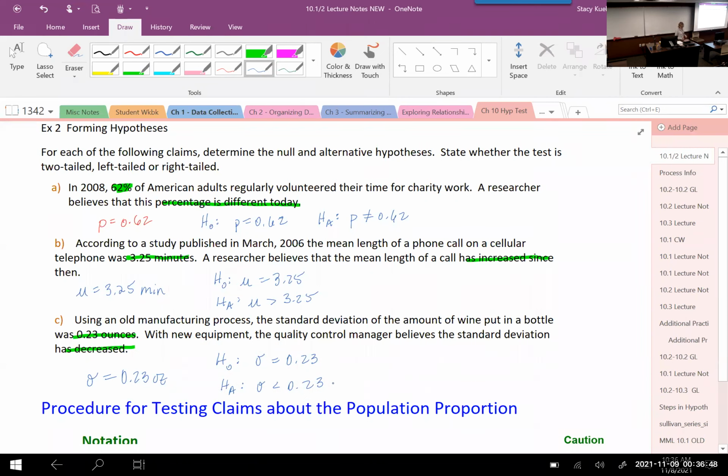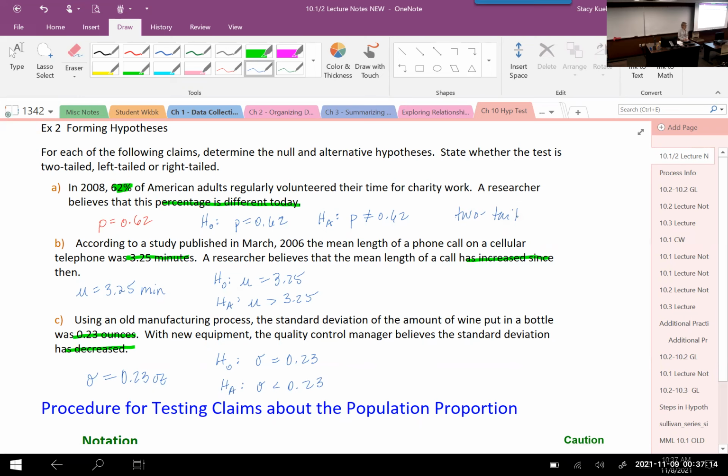Now, just real quickly, what type of test is A? Of the three test types that we had, what is the first one? The first one would be considered a two-tail. What's the second one? Right tail.